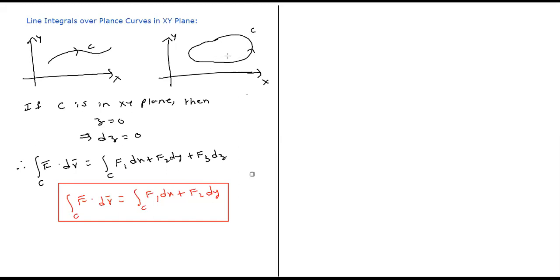For simple closed curves, generally you will see an implicit relation; for an open curve, an explicit relation. The advantage of an explicit relation is you can eliminate one variable, convert everything in terms of one variable, and find the integration.